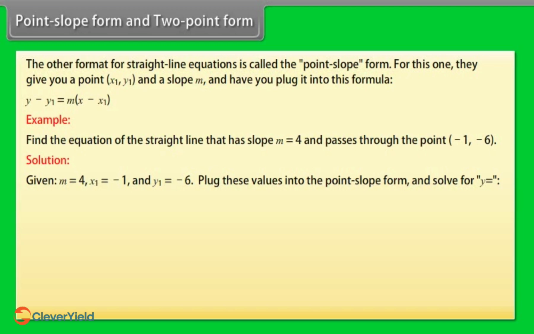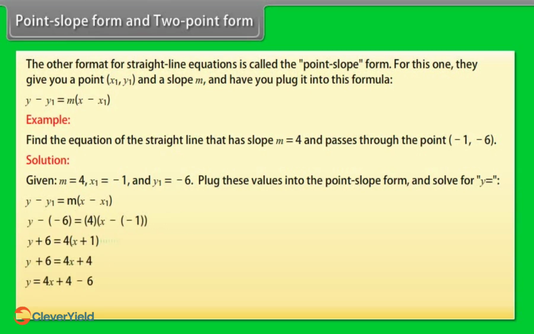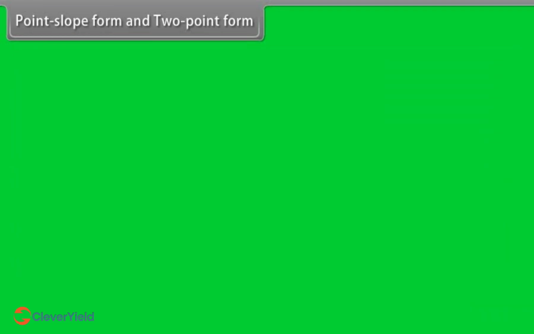Plug these values into the point slope form, y minus y1 is equal to m into (x minus x1). Substituting the values in the above equation and solving for y, we get y is equal to 4x minus 2, which is the required equation.